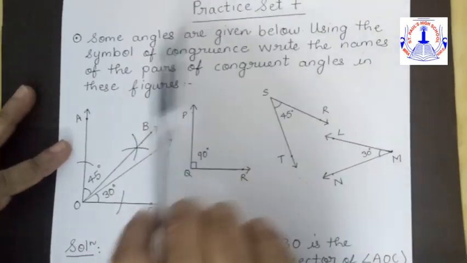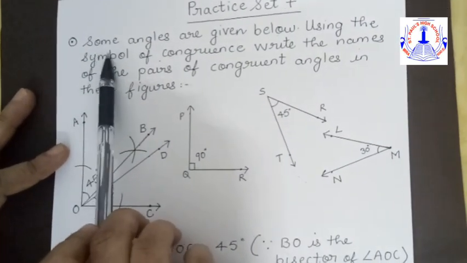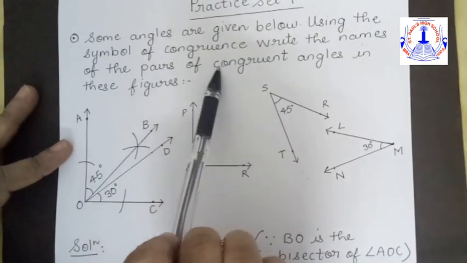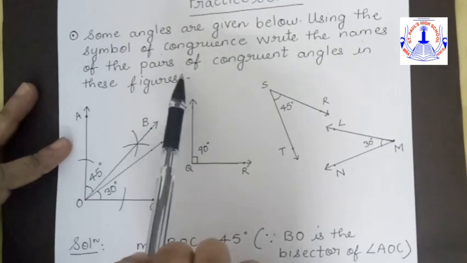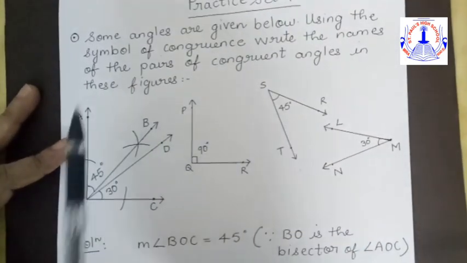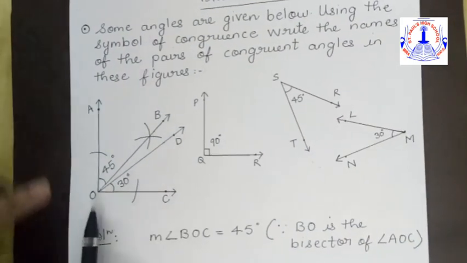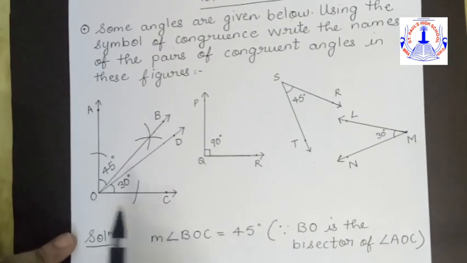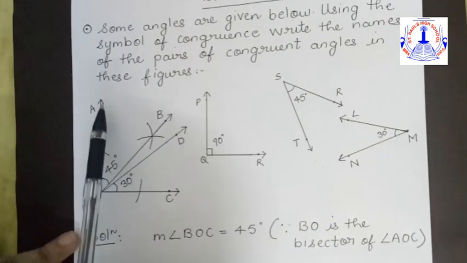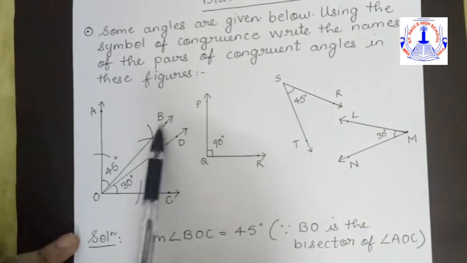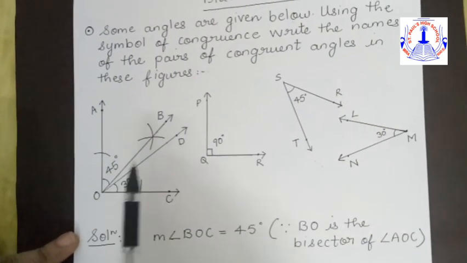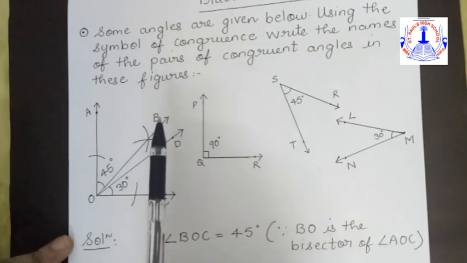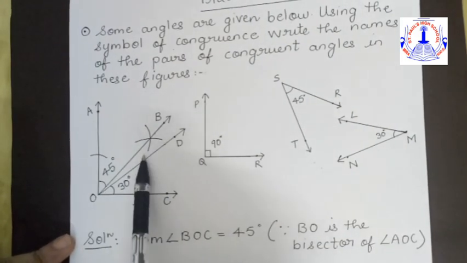Practice set 7. Here the question is given: some angles are given below using the symbols of congruence. Write the names of the pairs of congruent angles in this figure. Now the first figure, if you observe, it is given angle AOC. You can see angle AOB is 45 degrees and angle DOC is 30 degrees and angle BOD, the measurement is not given.